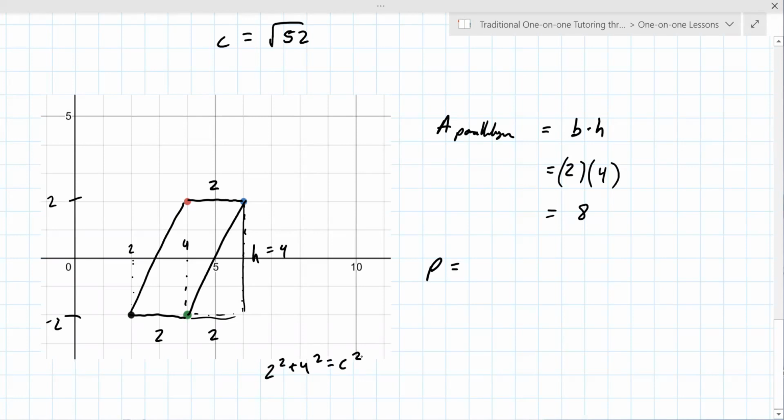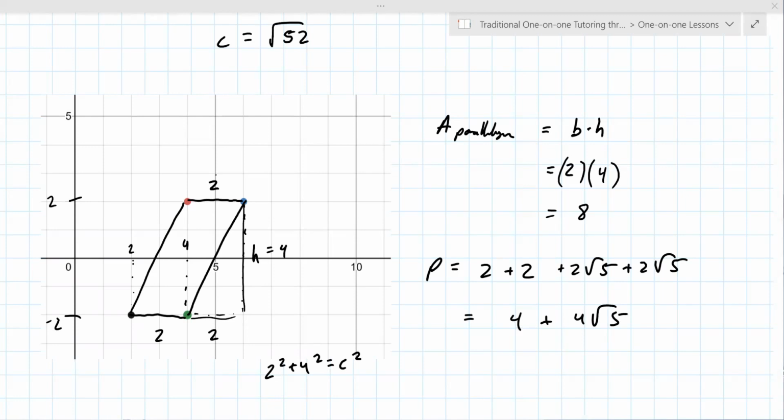So what was C in the last problem? It was 2 times the square root of 5. Perfect. So the perimeter is 2 plus 2, that's the top and the bottom, plus 2 square root of 5 plus 2 square root of 5. So it's 4 plus 4 square root of 5. Is that okay? Yes. All right.